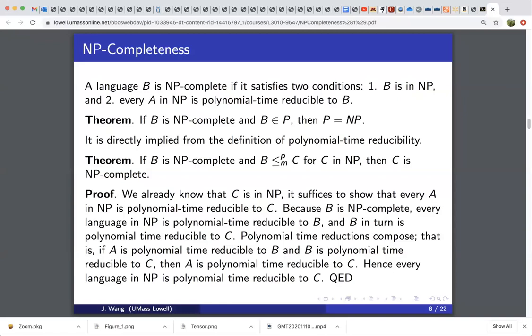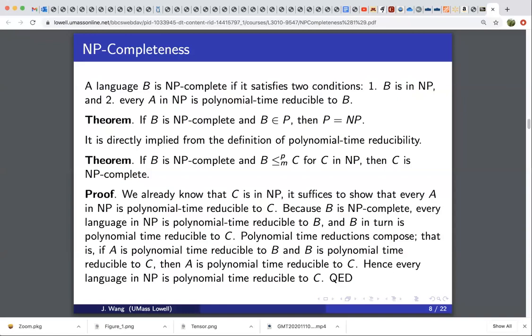Well, at that time they were mathematicians. One was in Canada, the other was in Moscow. They identified the first problems to be NP-complete.